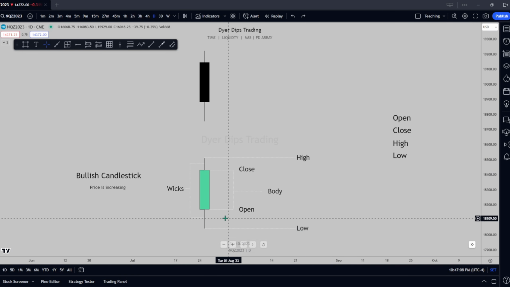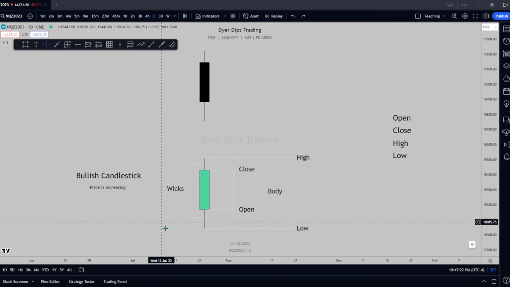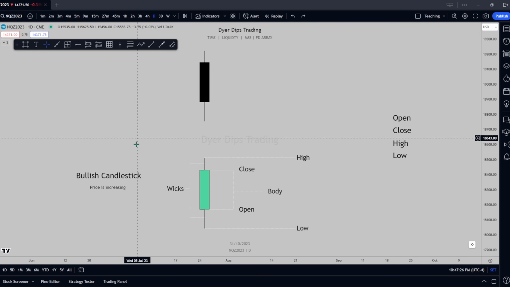So this candlestick would have opened here, traded down to the lowest point that the candlestick formed before trading all the way up here and ultimately closing its cycle or time period right here. So now that we understand what this candlestick looks like, we can dig into what time looks like in terms of the expression of a candlestick.